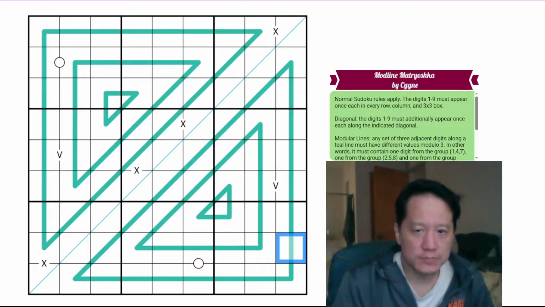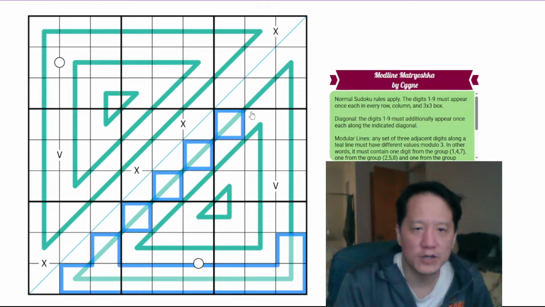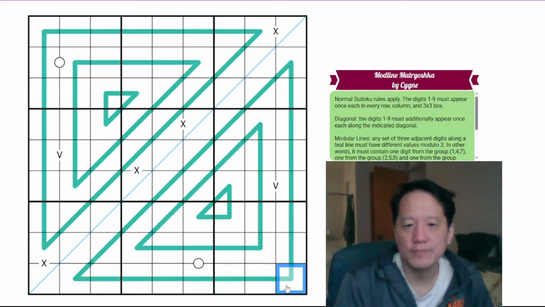So we're going to make this orange, blue, and yellow for this triangle here.